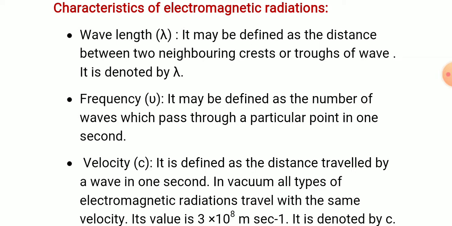There are many types of electromagnetic radiations: UV radiation, gamma radiation, IR radiation, visible radiation or visible light. You can also say this radiation as waves.